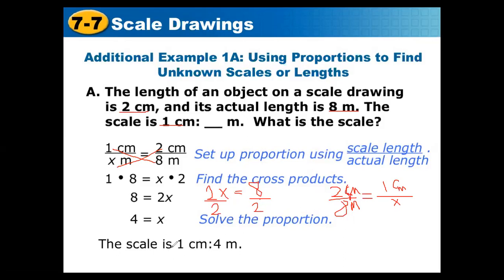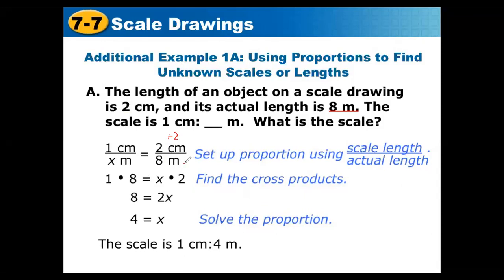The scale will be 1 centimeter to 4 meters. In this question, we were asked for the scale, so we have to simplify it. We can use another way from the beginning. We can write 2 centimeters over 8 centimeters. Both can be divided by 2, so we divide the numerator by 2 and the denominator by 2.